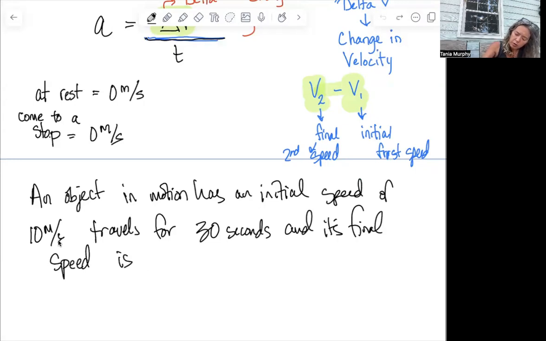Trying to keep our numbers simple here, is 70 meters per second. What is the object's acceleration?